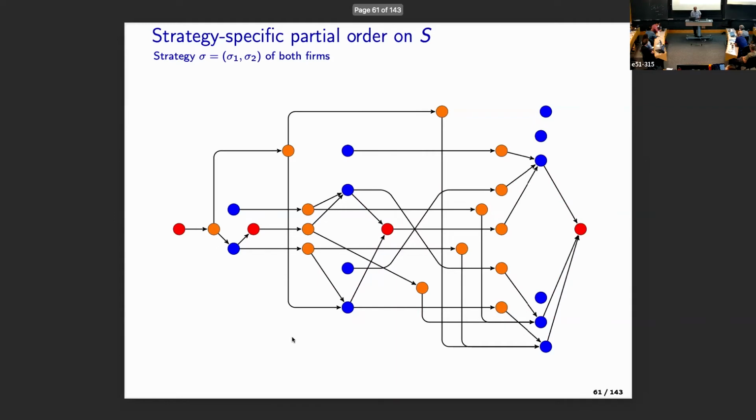So what are we left with? We're left with a partial order on the points in the state space, which corresponds to a given strategy profile. All right. And we have to think about these partial orders induced by different strategies to really define a directional dynamic game in general.